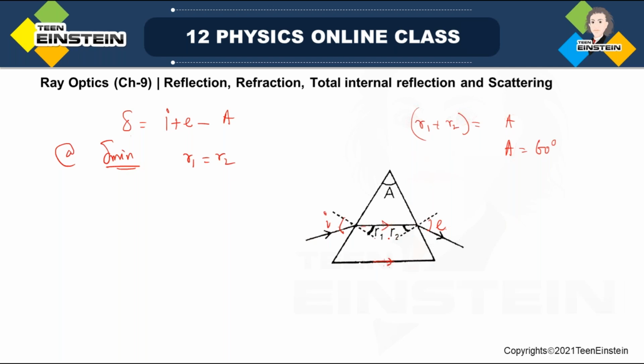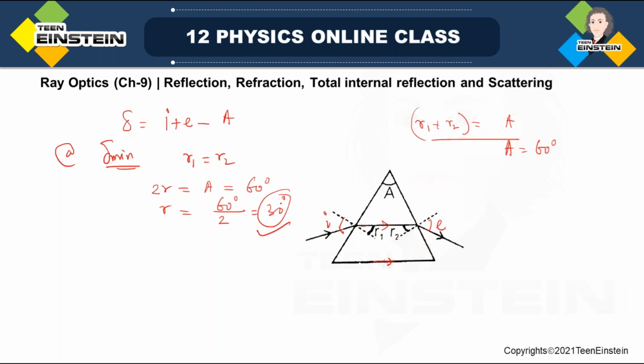What I'm trying to say is that at the minimum angle of deviation, it doesn't matter what color it may be, R1 and R2 will be equal. So 2R will be A. A is 60 degrees, so R will be 60 by 2, that is 30 degrees for both.